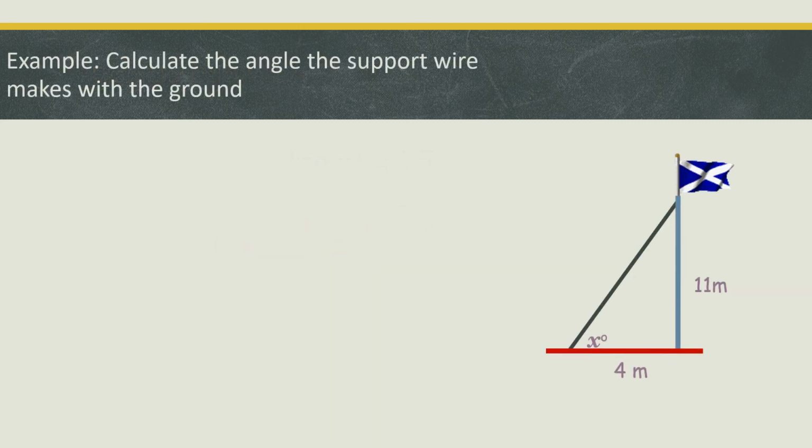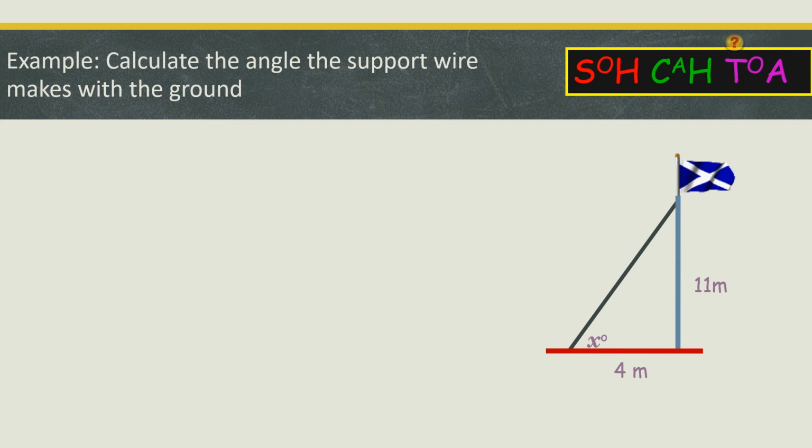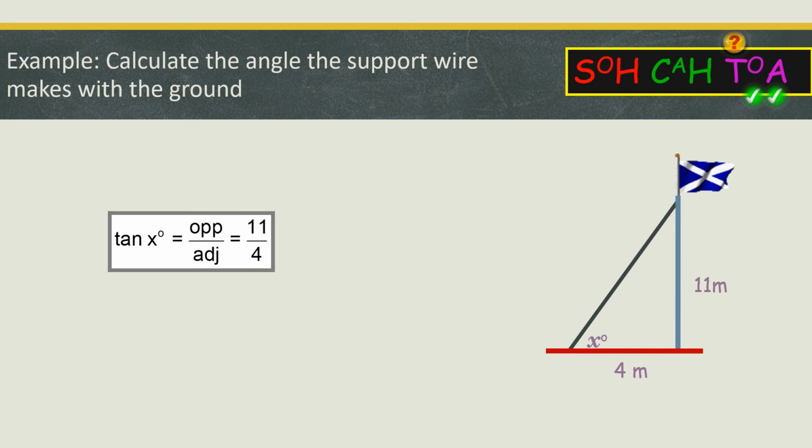So here we've got an example, and we want to calculate the angle the support wire makes with the ground. So we're looking for the angle, we know what the opposite side is, and we know what the adjacent side is, so we're going to be using our tan ratio. So we can say that tan x equals opposite over adjacent, and that equals 11 over 4.